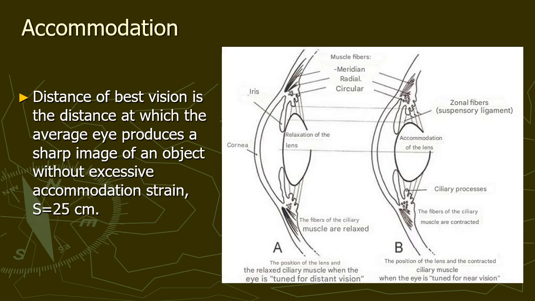In addition, we also have such a thing as a point of clear vision. In other words, this is the minimum distance at which we can still get a clear image of the object using accommodation. With age, this distance increases because the elasticity of the lens changes.